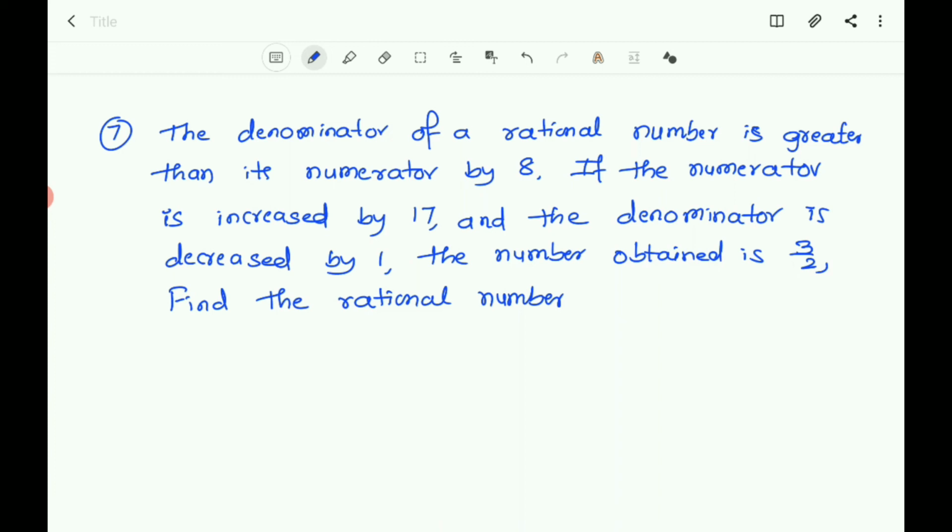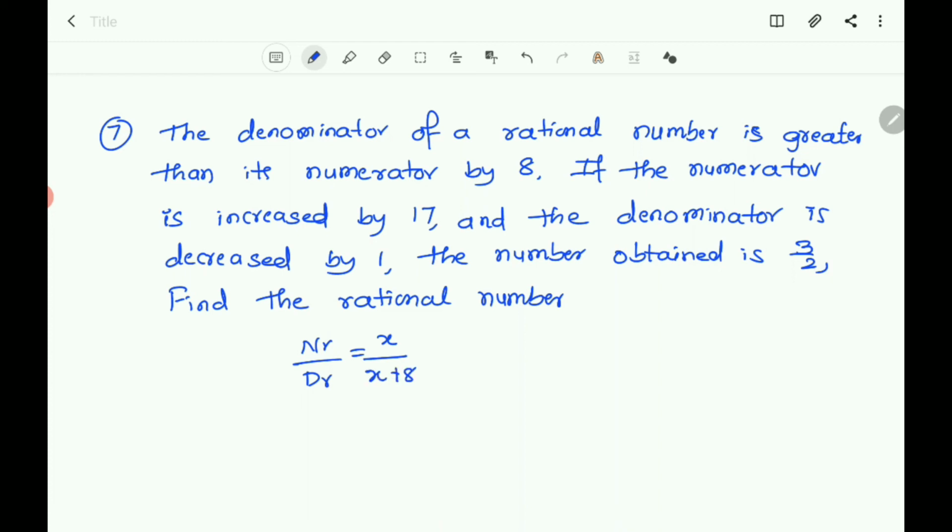Now here it is given that the denominator of a rational number is greater than its numerator by 8. So let us have nr by dr. Let us take the numerator as x, and the denominator is 8 more than the numerator, that becomes x plus 8.